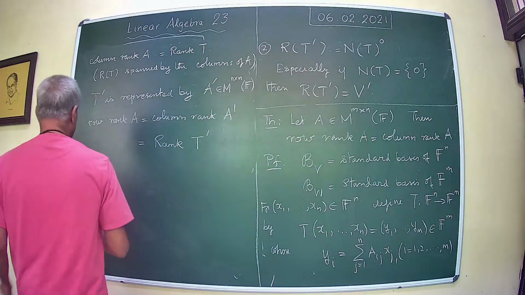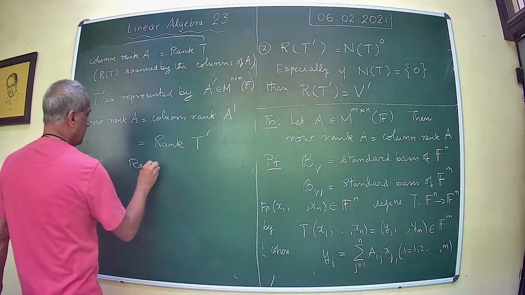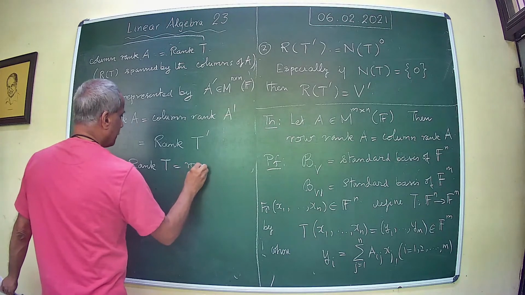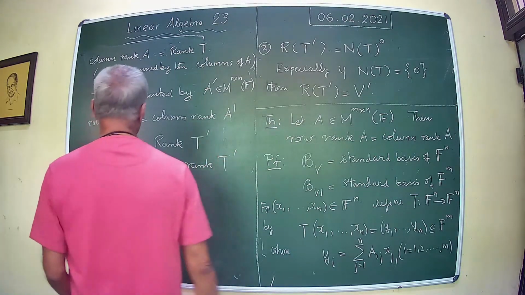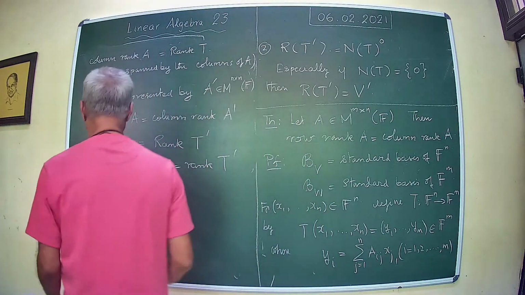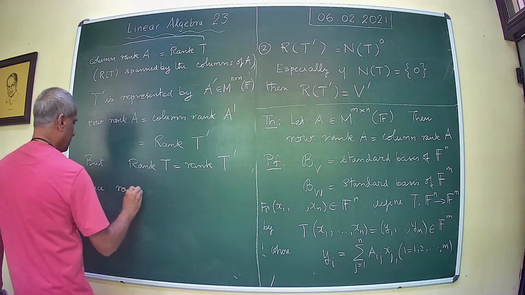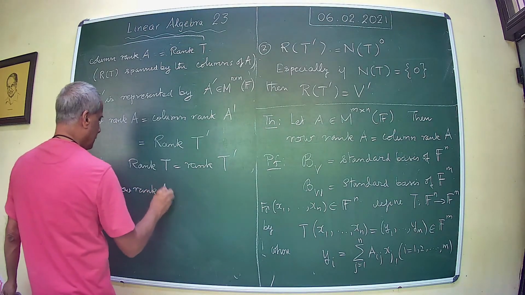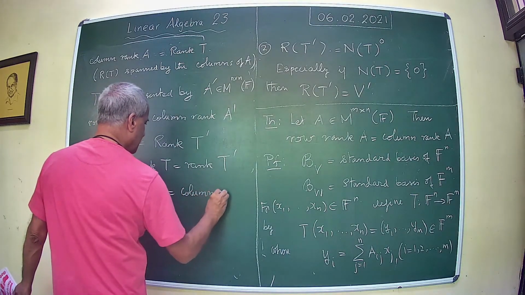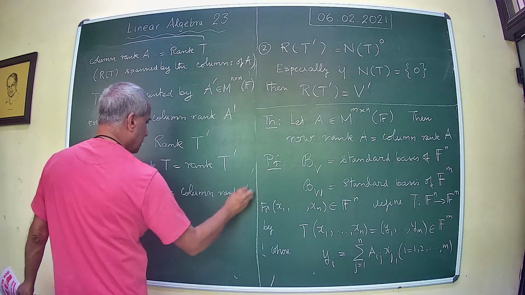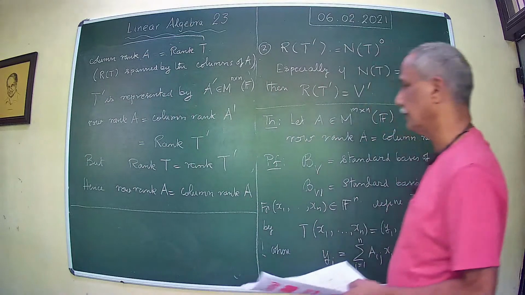So what does this say? But we know that rank of T prime... Therefore, you get row rank of A equal to column rank of A, so that completes the proof.